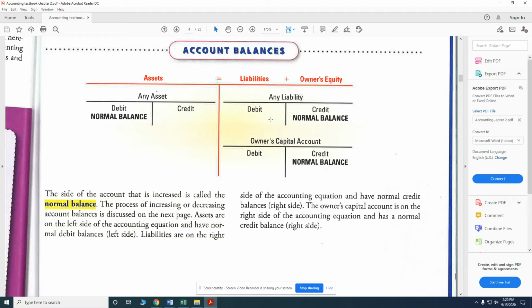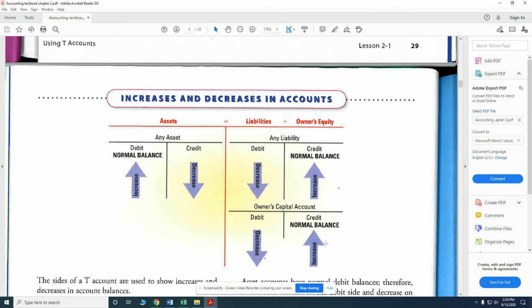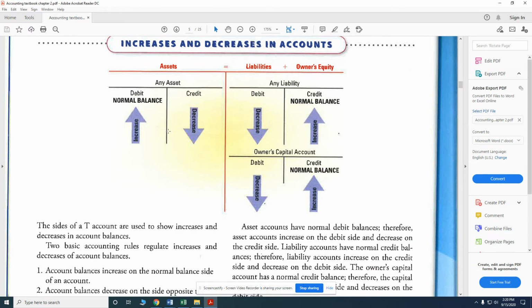On the right, a decrease would be a debit. So the normal balance, again, is the side that is increased. So assets have a normal debit balance, owner's equity and liabilities have a normal credit balance. So there's the increases and decreases I was talking about.